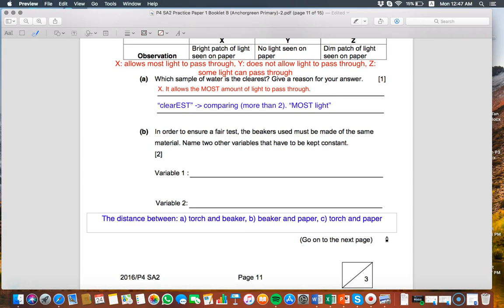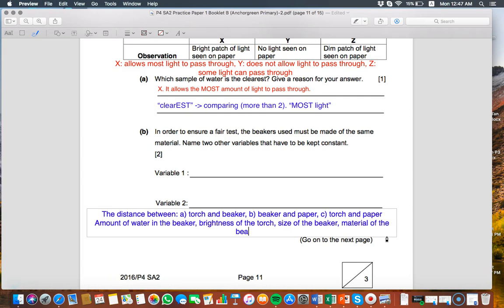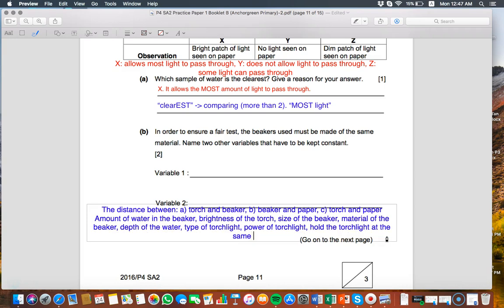Or you can also talk about amount of water in the beaker, brightness of the torchlight, size of the beaker, material of the beaker, depth of the water, type of torchlight, power of torchlight, hold the torchlight at the same place.